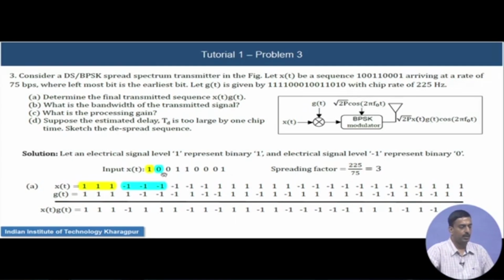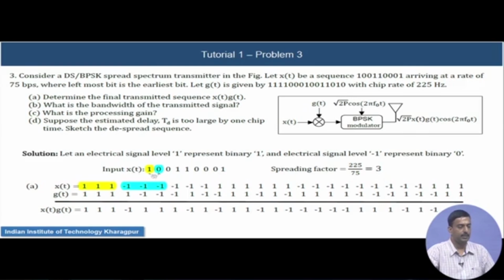So we also see that according to the data given, the chip rate is 225 Hertz, whereas the input data rate is 75 BPS. Since we are using BPSK, we calculate the spreading factor by merely dividing this chip rate of 225 Hertz by 75, and the spreading factor turns out to be 3.